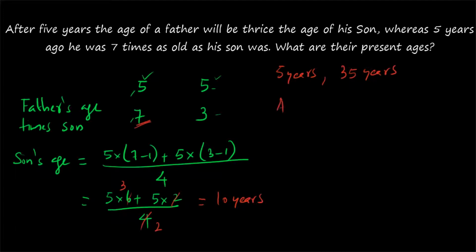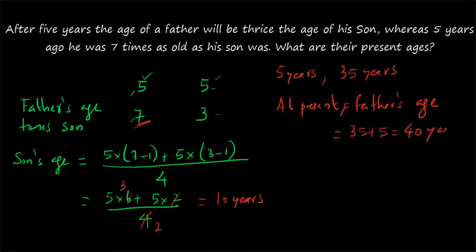So at present the father's age will be 35 plus 5 is equal to 40 years. You should not forget to add 5 again. Here the present relationship is not given, so you have to find the past relationship, and from there you will get the present ages. So the son's age is equal to 10 years and the father's age is equal to 40 years.